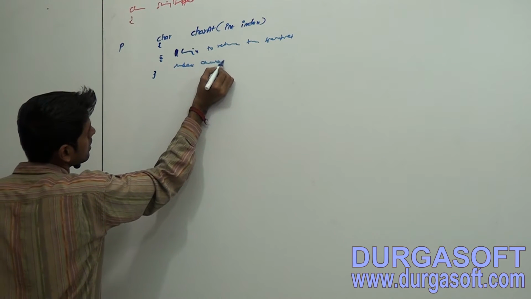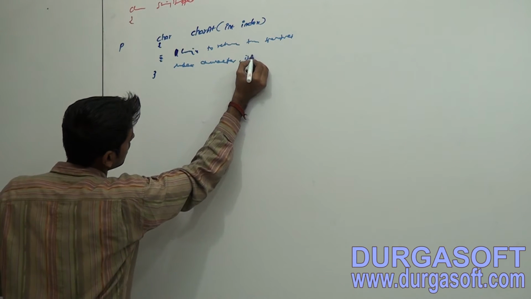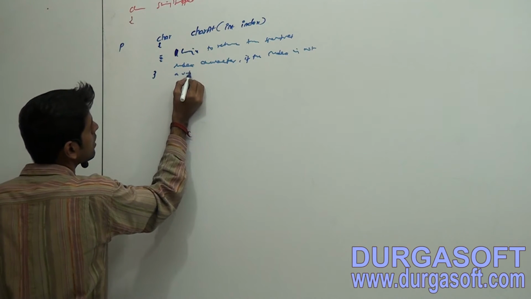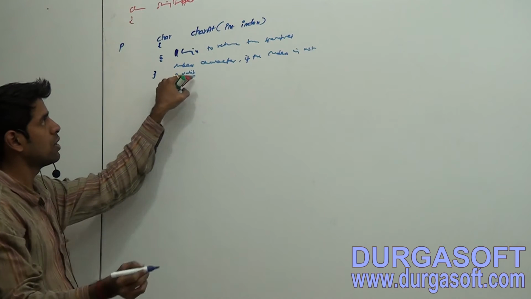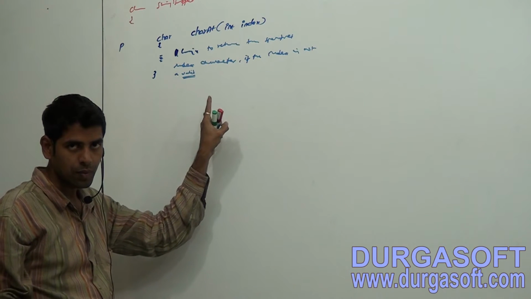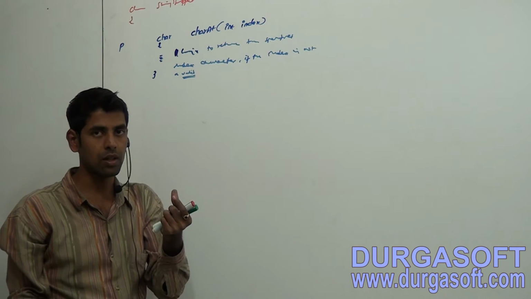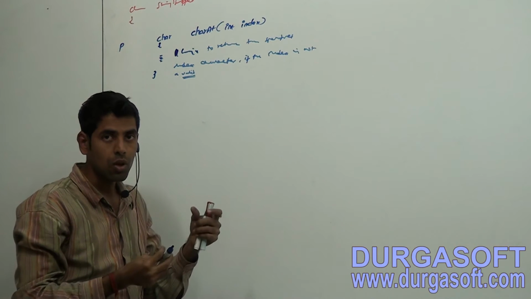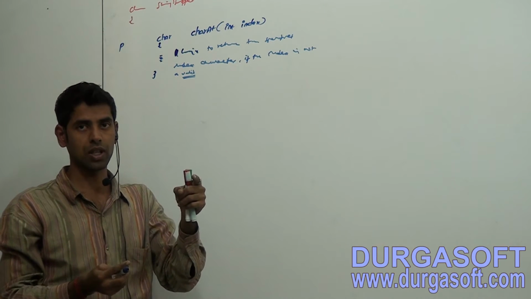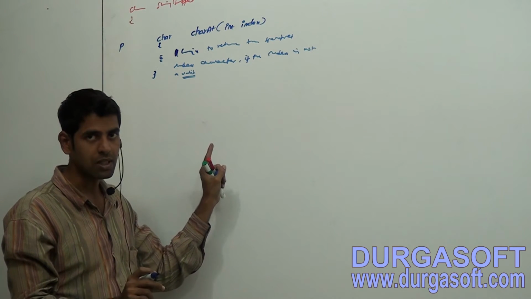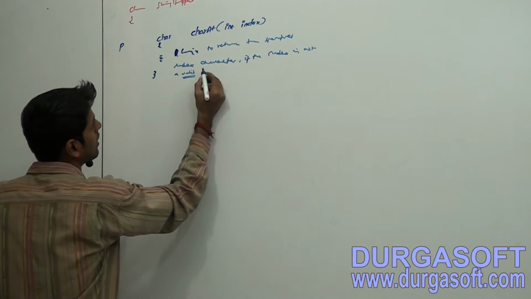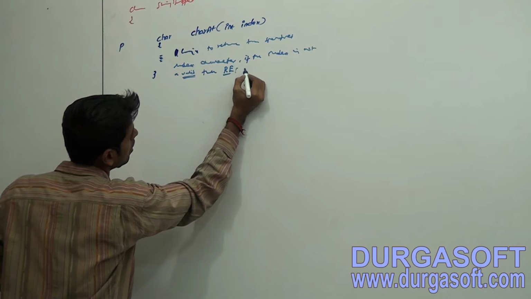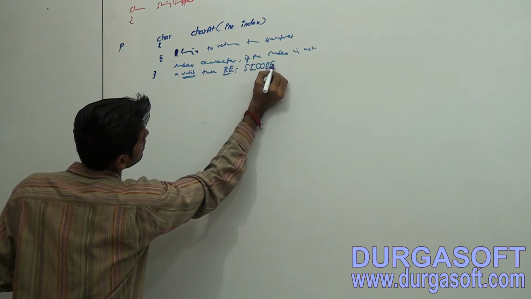If the index is not a valid one, meaning the int value which you pass as an argument to the charAt method is not available in the string object, it is not valid. If the index is not valid, then there will be a runtime exception called StringIndexOutOfBoundsException.